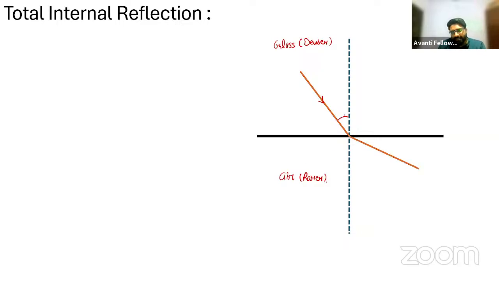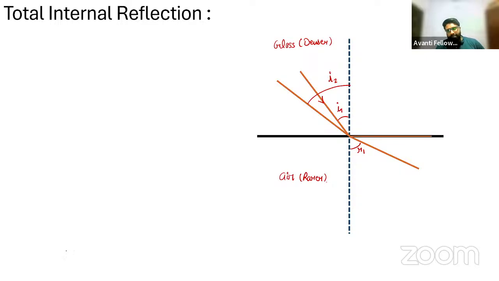Let's say this angle is i1, so this angle is r1. Now if I increase the incident angle, let's say this is i2, this is i1, then the ray will move more away from the normal. It will bend more.